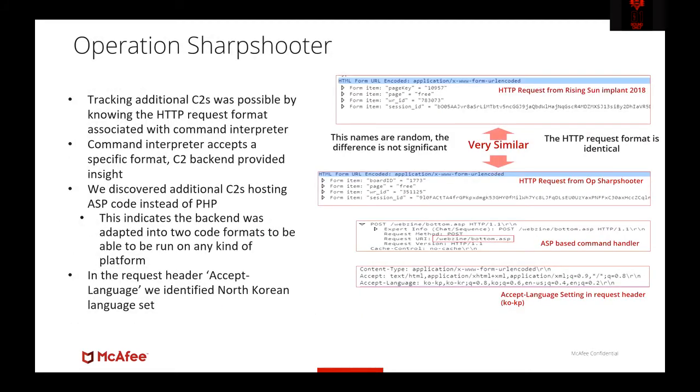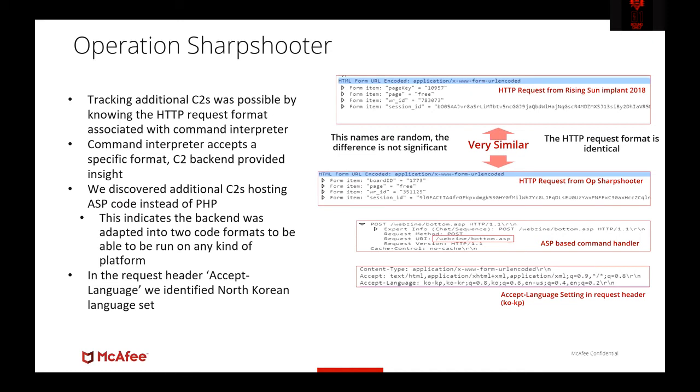So in Operation Sharpshooter here, this is just a basic slide on the comparison between different PCAPs that we have analyzed of traffic associated with Operation Sharpshooter. As we can see here, the original Rising Sun implant appearing in 2018 is sharing a very similar HTTP request as Operation Sharpshooter.